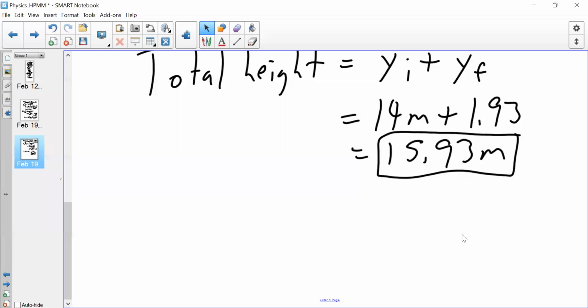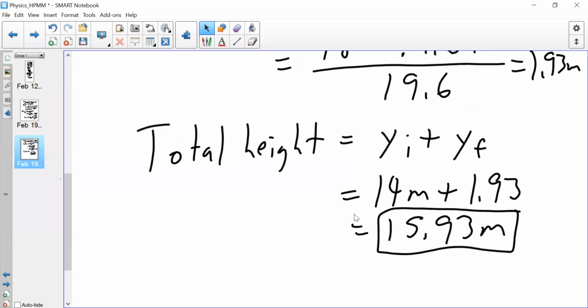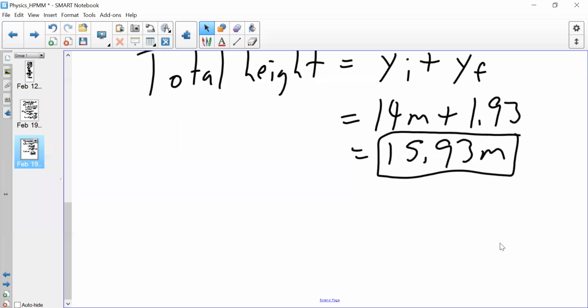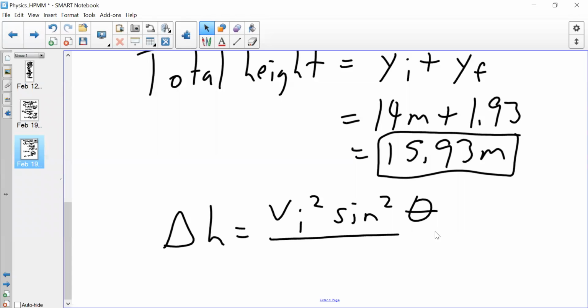So that's our first point, well, technically our second, because 15 will be the first. So again, it's going to be this delta H equation, height, which is V_i squared sine squared theta over 2g. And we do that for all the heights and all those angles.